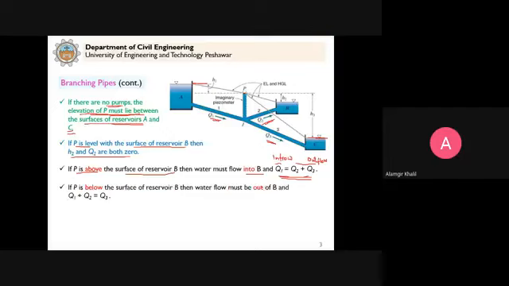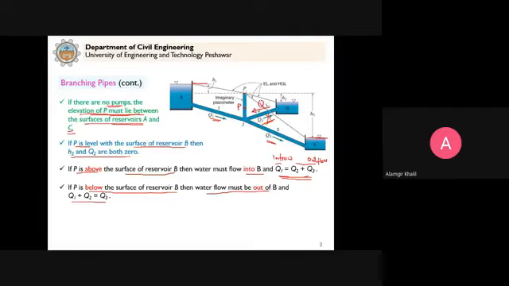Clear? If P is below the surface of reservoir B, then water flow must be out of B, and in that case Q1 plus Q2 will be equal to Q3. So when this P level is below the surface of reservoir B, let's say it is here, this is now P. Then in this case, flow will be out of reservoir B. This will be Q2 in that case.